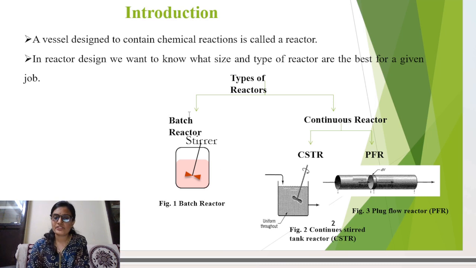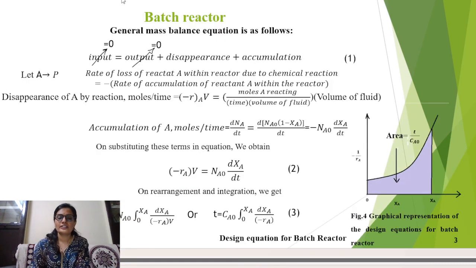Now the batch reactors are generally used for small scale plants, while the continuous type of reactors are generally used for large scale plants. Batch reactors are generally used in the pharmaceutical industry, and the continuous reactors are generally used in the continuous production of chemical products. Now, for the batch reactor, we are going to derive the design equation.